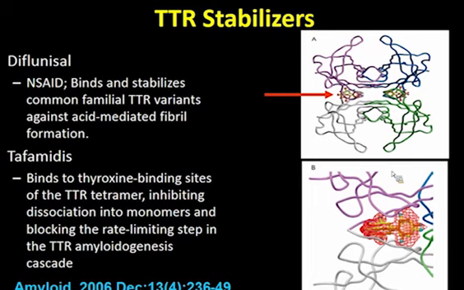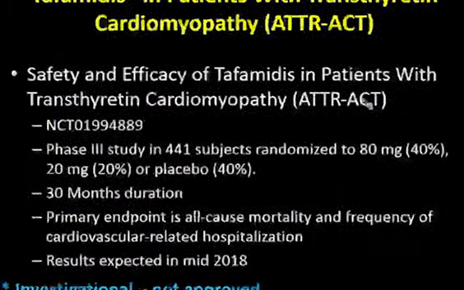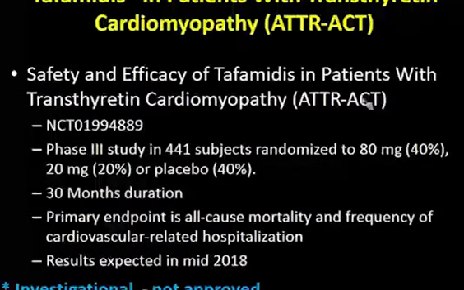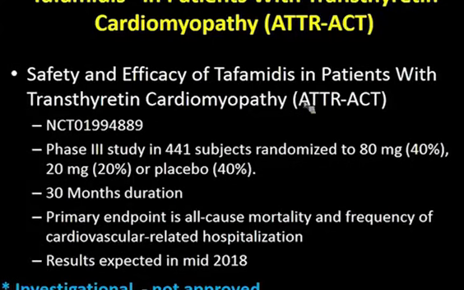It's 4 leaves, and the drug fits in between and kind of at the dimer-dimer interface locks the protein together, preventing it from falling apart. These have not been proven to prolong life or improve the quality of life yet in patients with wild-type cardiac amyloid, but there's a lot of hope for them. As I mentioned, we will know shortly.